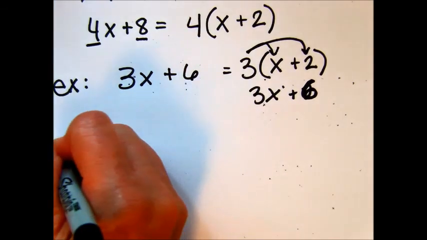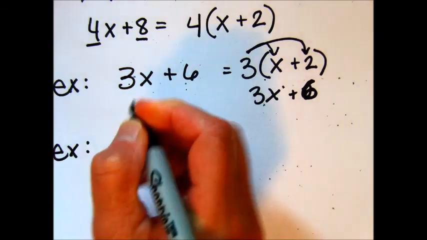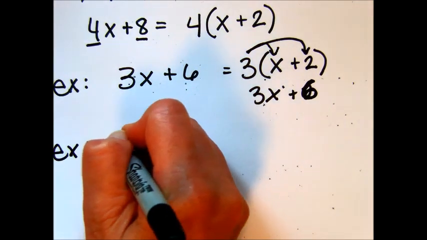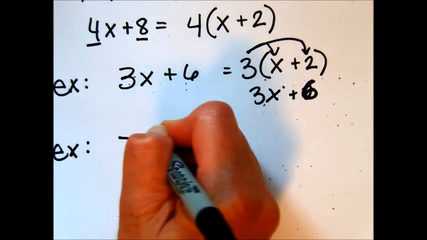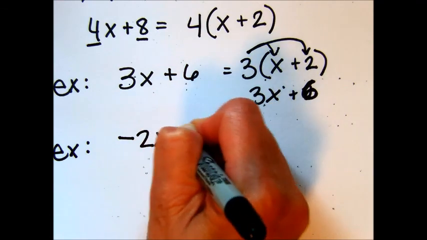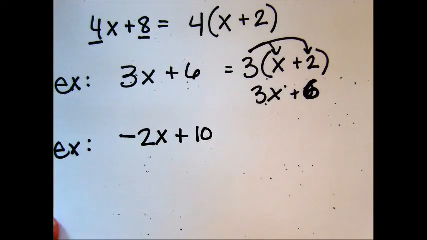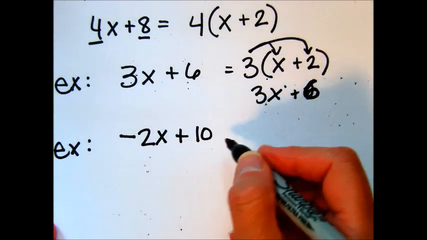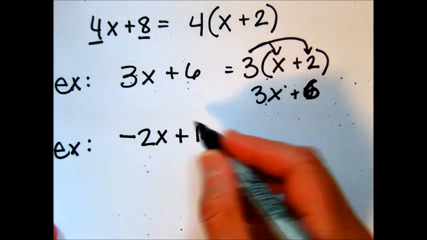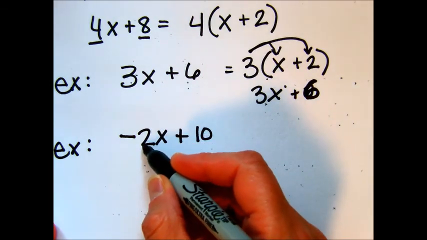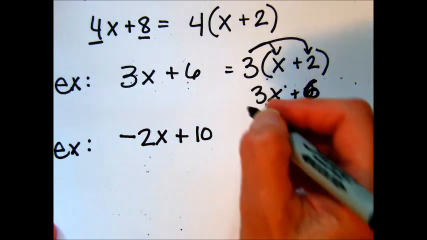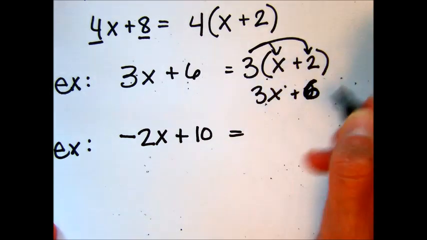Let's try another. Let's do, this one might seem a little tricky. We've got negative 2x plus 10. Now there's a couple ways you could write this. If you think of the greatest common factor between the two terms, it could be either a 2 or a negative 2. And so you could write it, let's say we have negative 2.